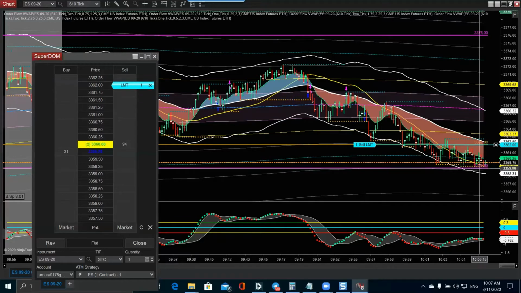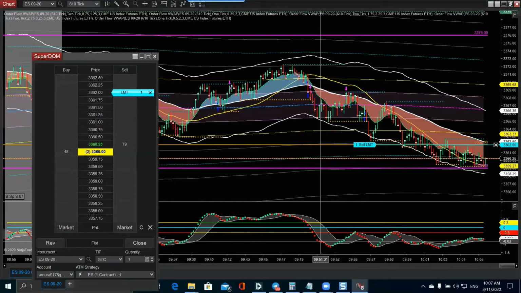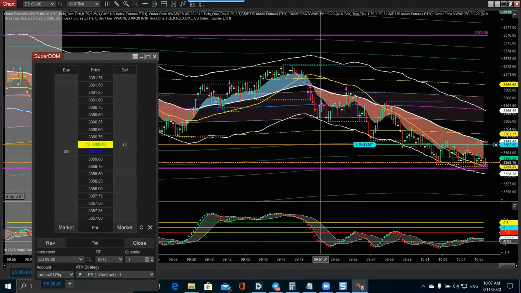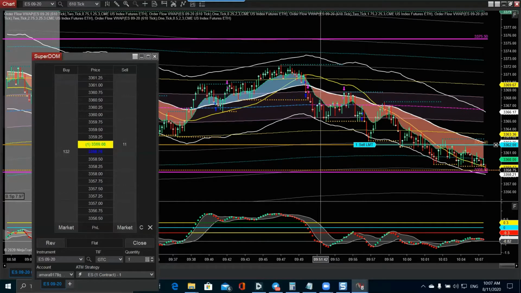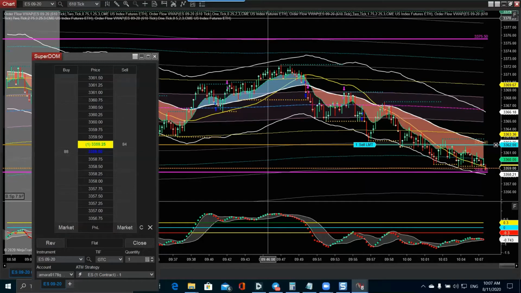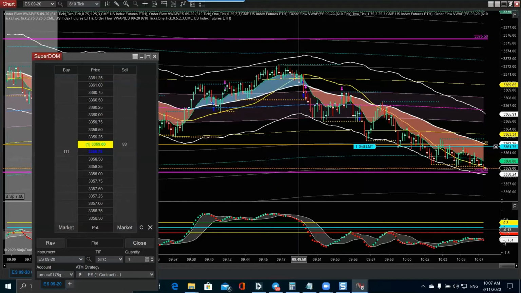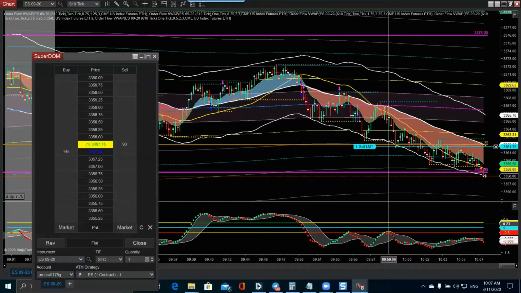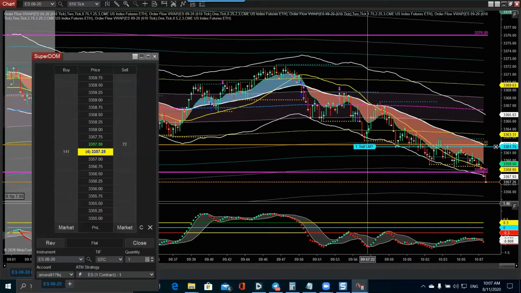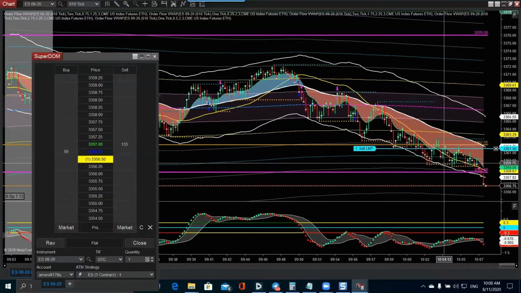You can see failing line is now being used as support. So we broke the -1 deviation here.